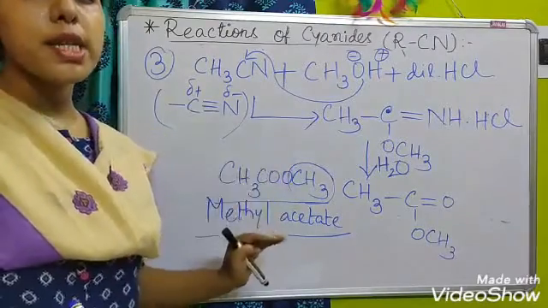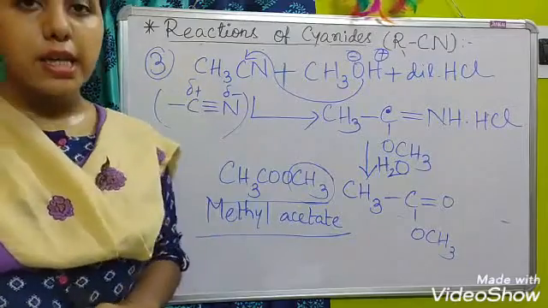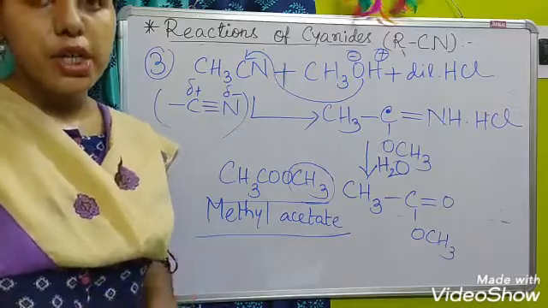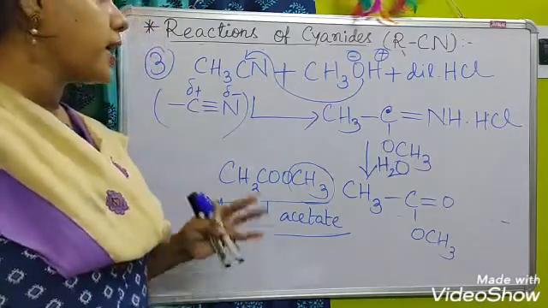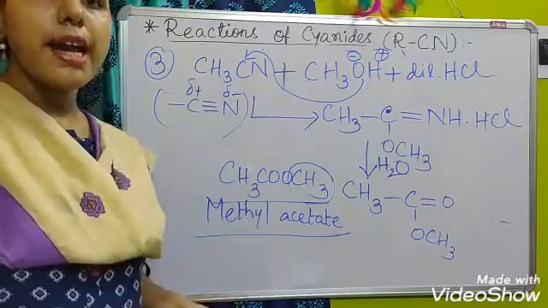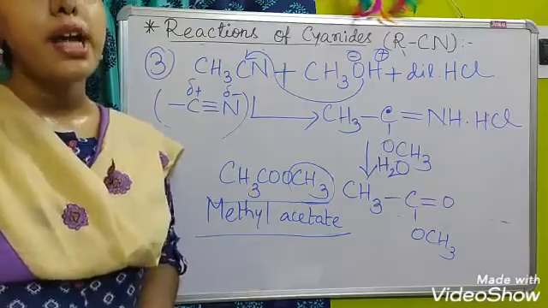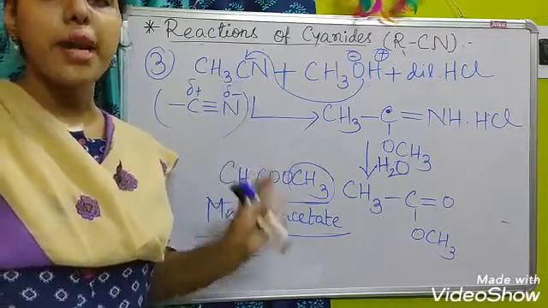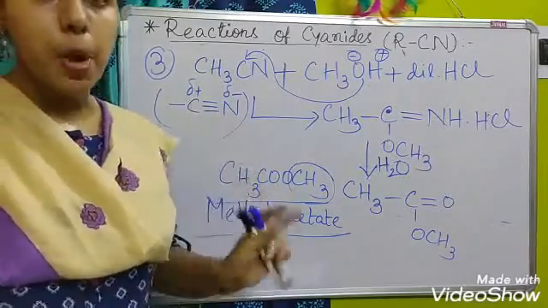So by this process, we can make an ester from the cyanides. By this reaction, you can do the conversions also. In many questions, conversions are given, just like you have to convert the cyanide into an ester, or you have to convert the cyanide into an aldehyde. So these reactions are very useful and very important for those conversions. That's why you have to learn this properly.